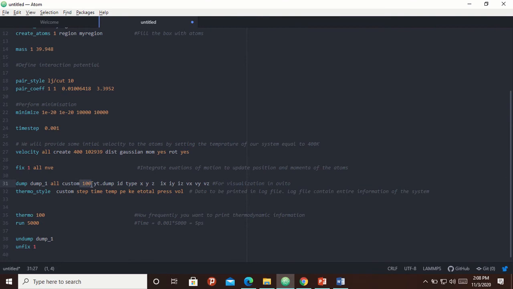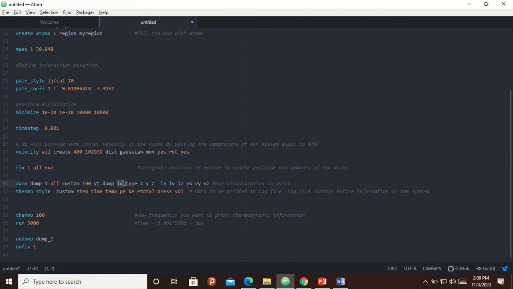After that, 100 means how frequently I want to print the information in the dump file. So I will put information in the dump file every 100 steps. After that, this is the name of the file in which I will write my dump information.